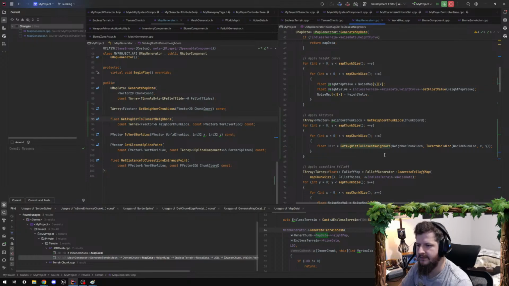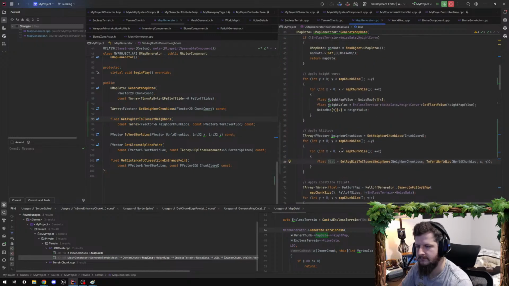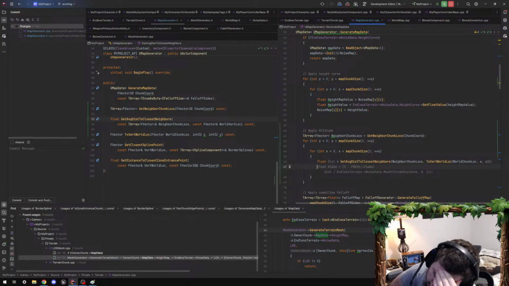Get average distance to closest neighbors. So max altitude distance is not something that I want to do. So I want like a modifier.